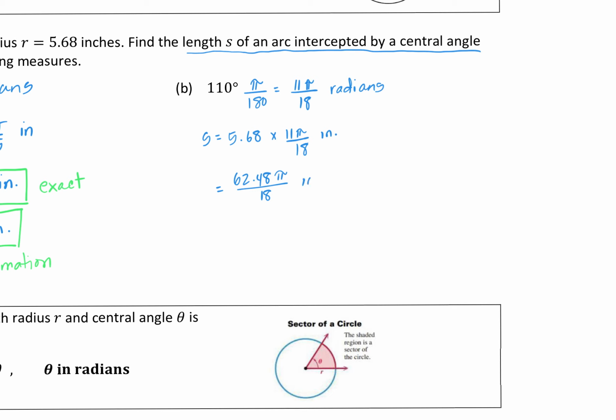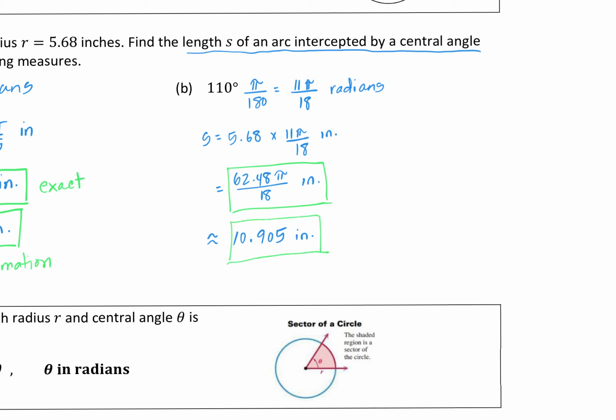So I'm going to stop here to be the exact solution. It's not really simplified though, because technically we shouldn't have decimals in a fraction, but I'm okay with that. It's exact. And then if I were to take 62.48 times pi and then divide it by 18, I get 10.905 inches, rounded to 3 decimal places. And that would be an approximation.